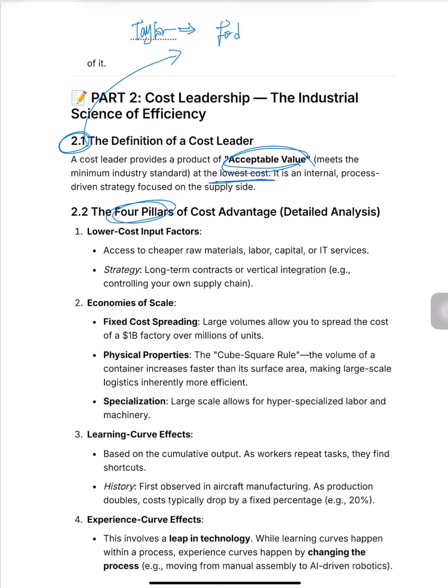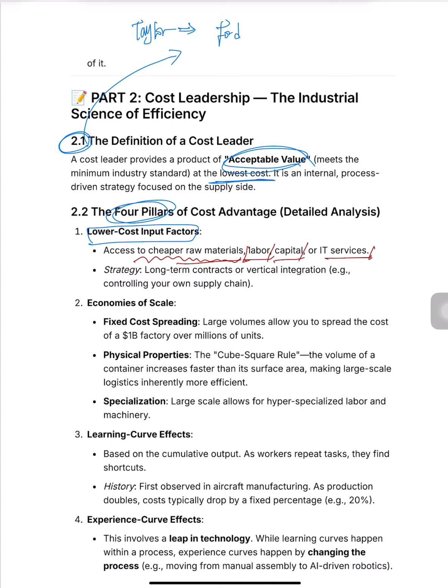The first pillar is superior access to input factors, a lower cost of input factors as well. The most basic level of cost advantage is securing structurally cheaper access to the key inputs of your business: the raw materials, labor, capital, and technology or proprietary processes, and of course IT services as well.